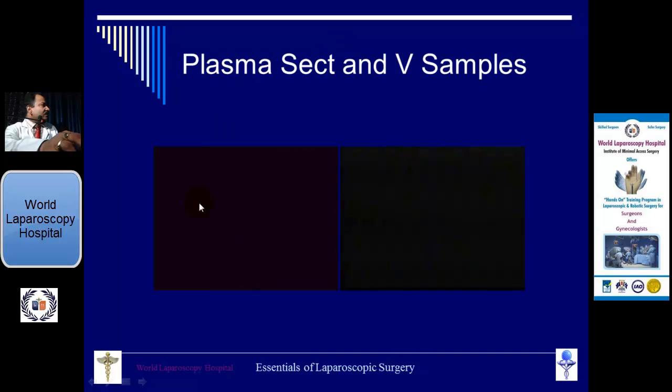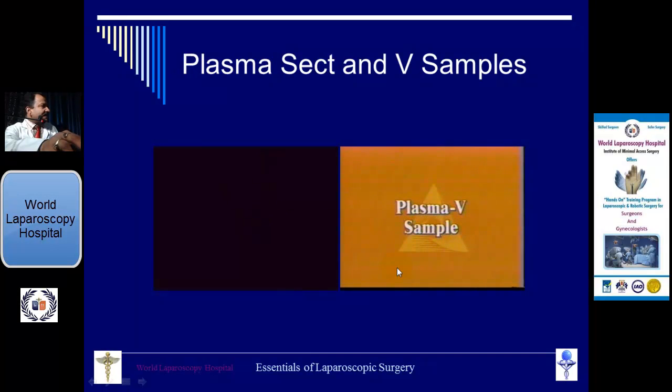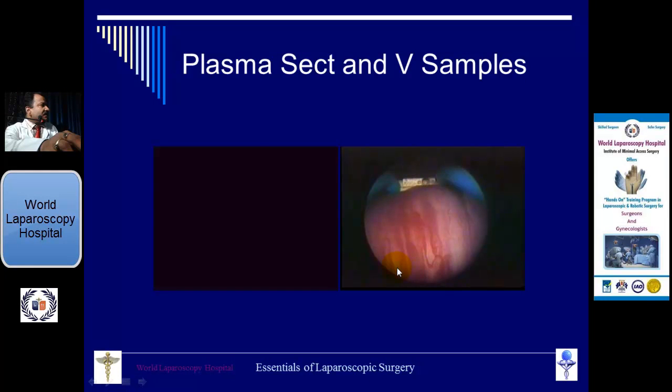Sometimes you use good quality energy sources. Do you know there are many types? This is Plasma Cut and this is Plasma V Sample. These are bipolar technology actually, so you have to use normal saline. Here you cannot use glycine. Ethicon, Johnson & Johnson sells this product by the name of VersaPoint, and VersaPoint is a bipolar technology. If you see very carefully, it is just like a twin blade.